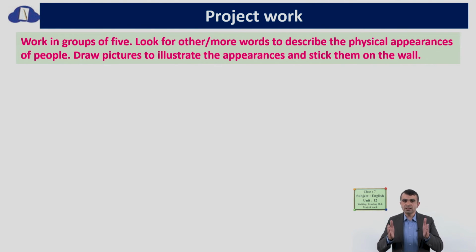Now find some more words to describe the physical appearance of people, and then draw pictures to illustrate the appearances and stick them on the wall. Okay, in your classroom you can stick them. Now how do you do it? You should be working in groups of 5. There should be 5 students working in one group.